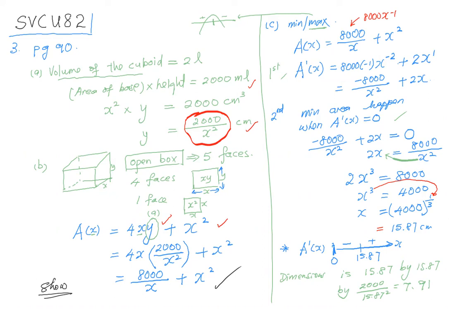So these are the questions. Now find the minimum surface area. So what you can do is, you want to get the area correct, you go to the area formula here. That is for your part D. So part D, you just substitute your x as 15.87.